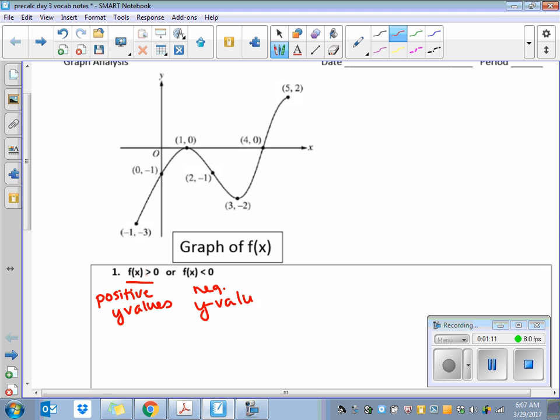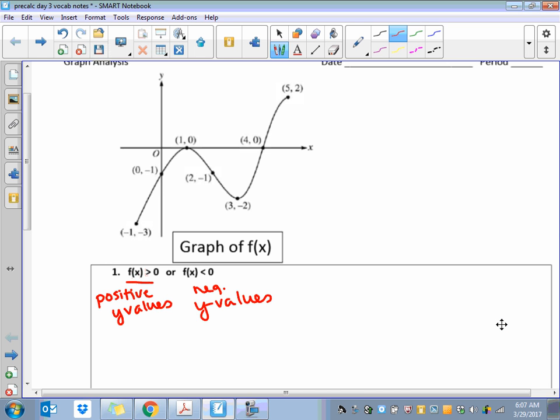And when you have a graph, that's a very easy question to answer, because the positive y values happen when the graph is above the x-axis, versus negative y values come in the section of the graph that's below the x-axis.